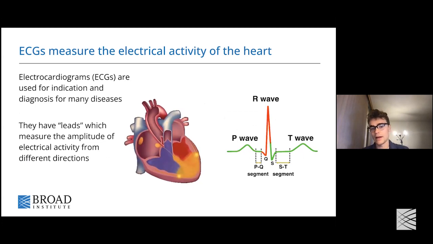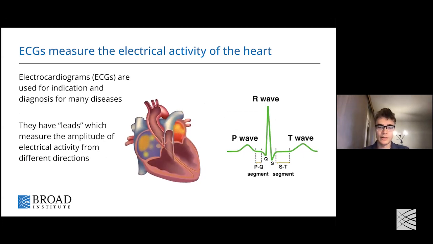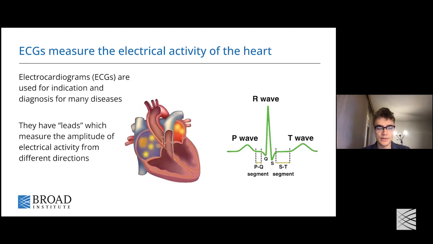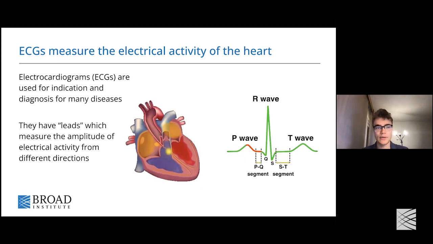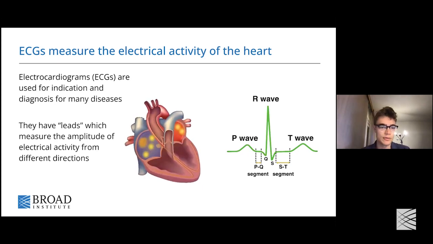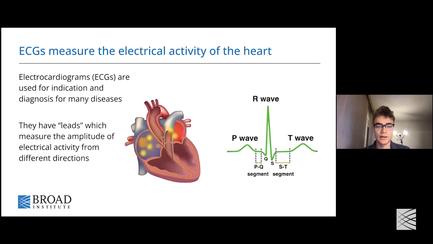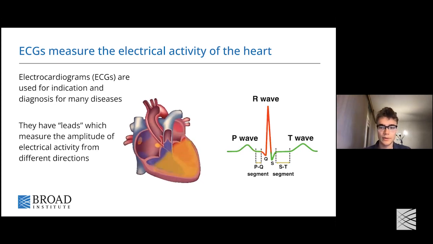As you can imagine, how your heart beats and how the electrical signals travel across it has really important implications for health. One other important detail is that they have different leads, which measure how the electrical activity changes in the heart from different directions. It kind of gives you a 3D picture of the electrical activity of the heart.